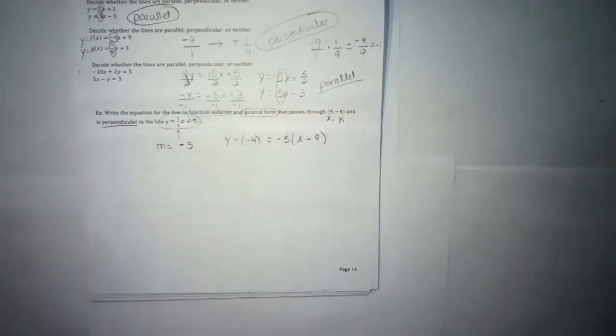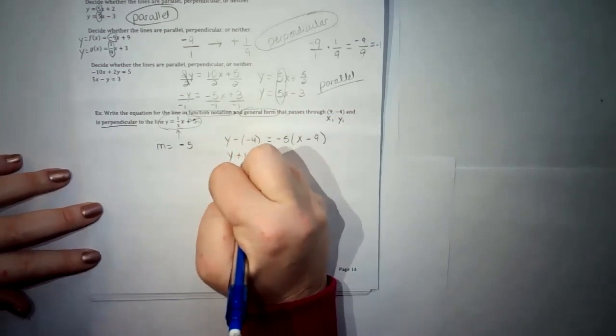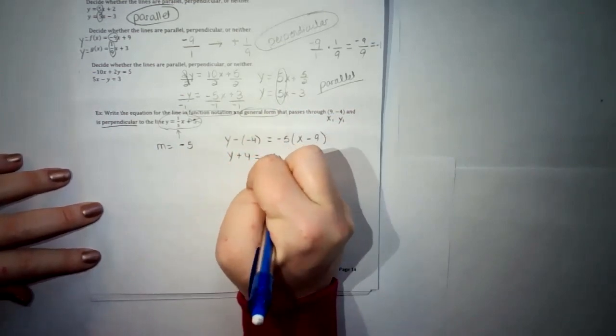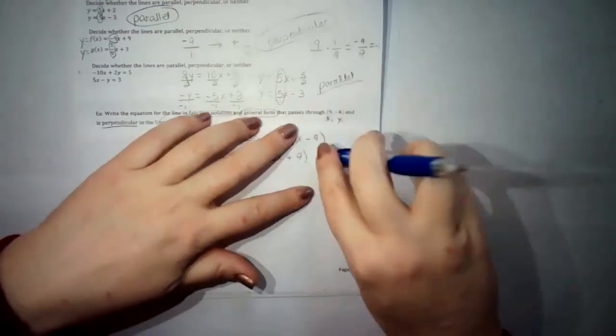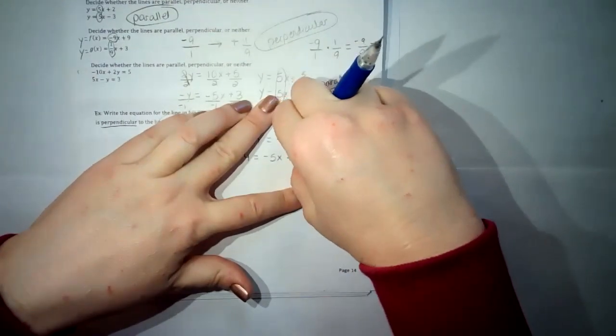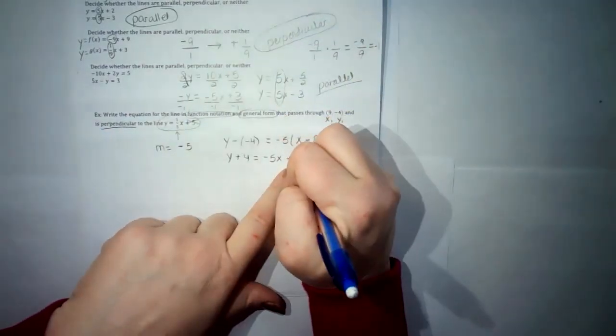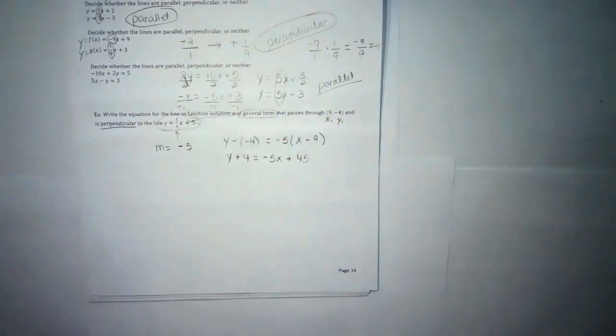Okay, that's point slope form. I don't want any part of that, but let's fix him. Oops, and you're distributing a -5 through there. Hold on, I just completely lost all my math skills. Okay, there we go. All right, so let's do function notation first.